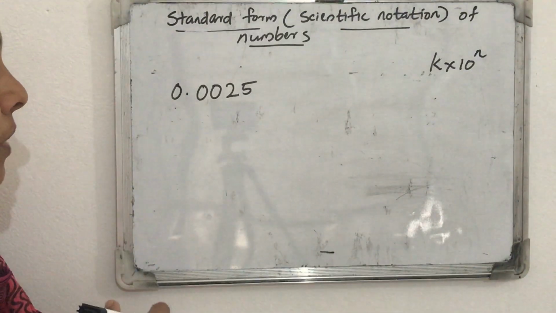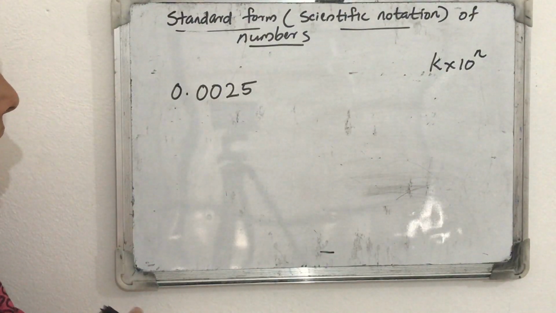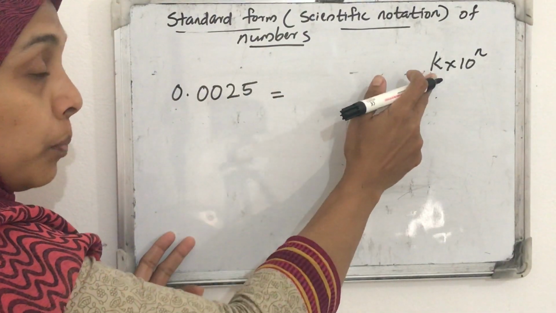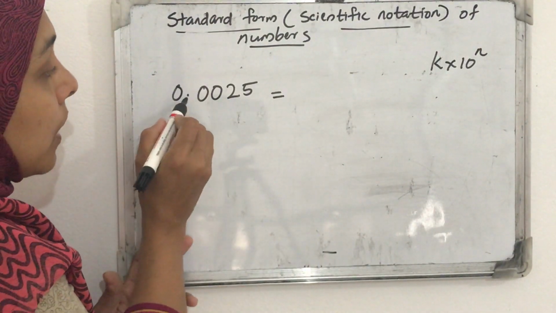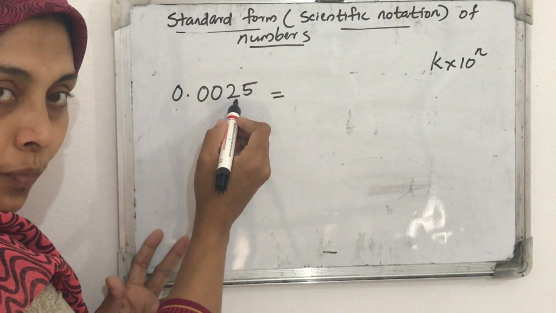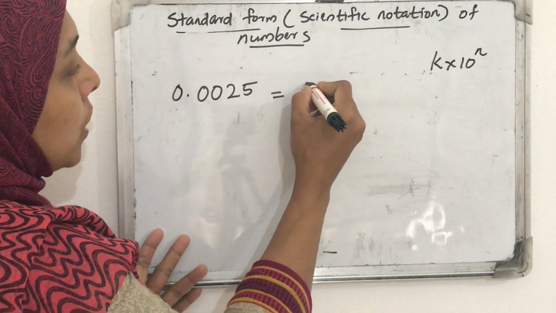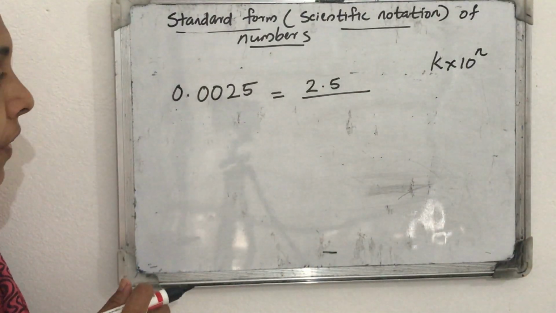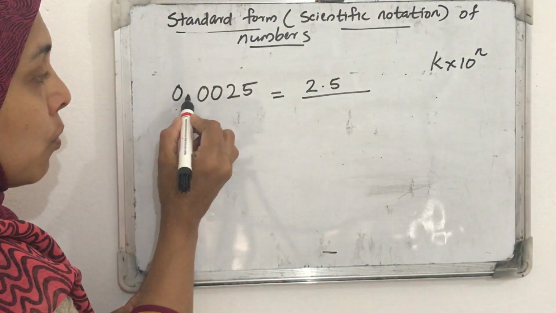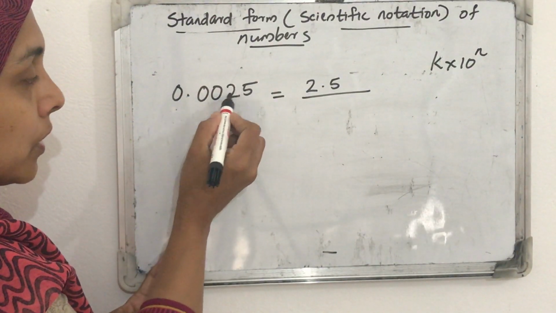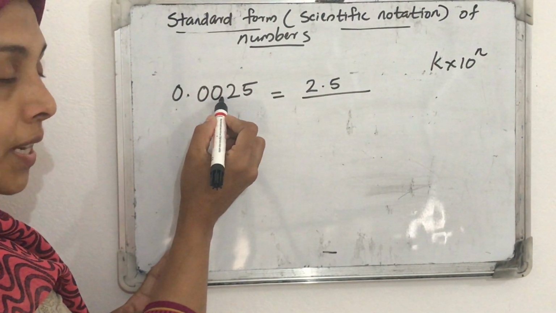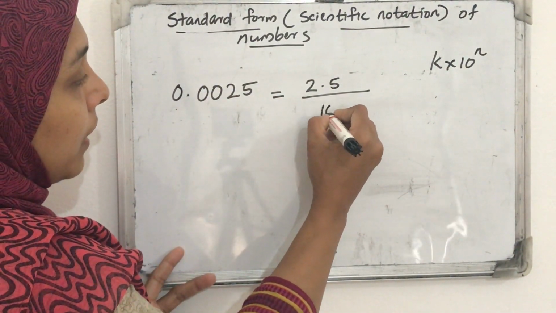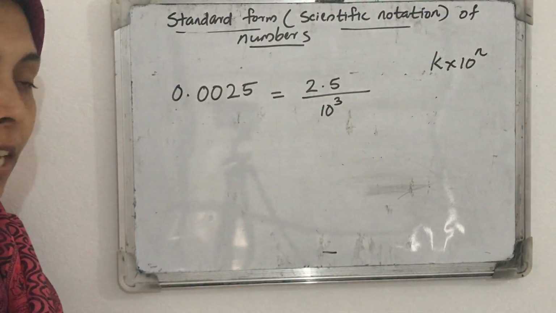So how can we express this? We can write it like this. The decimal k should be between 1 and 10. So we can place the decimal after 2. Then only that rule is followed. 2.5 divided by how many places? We move the decimal places to here. So how many places did we move to the right side? 3 places. So that should be divided by 10 cube. We can write it as 10 cube.